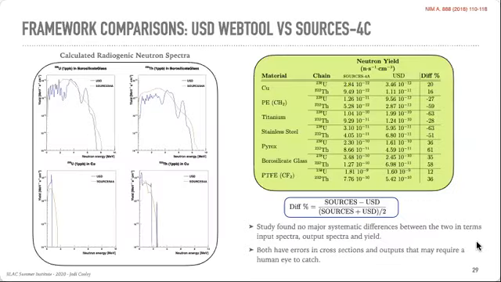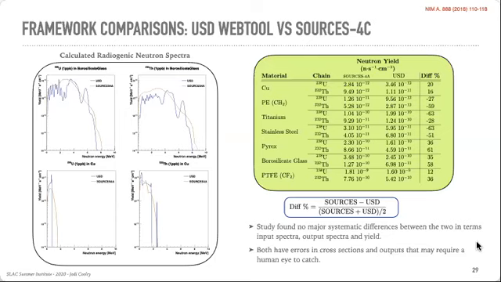All right. Let's not worry too much about the fine details of this, but I just want to show you what the comparison between these different tools might look like to give you an idea. If you're really interested, you can go look at the paper to get all the nitty-gritty details. These are comparisons of different materials used by different experiments using the USD web tool and SOURCES-4C.